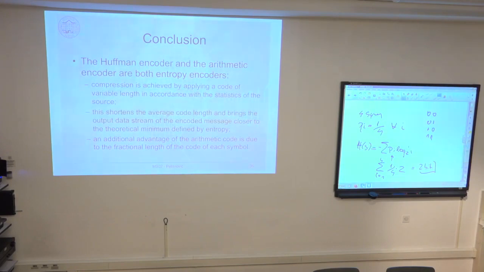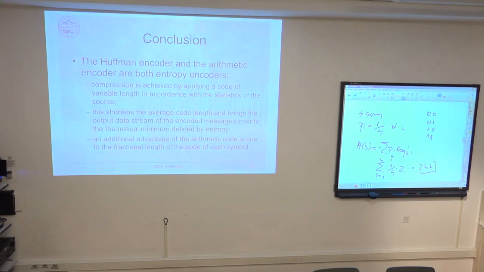Okay, and with arithmetic coding, if I code the whole message with a number, then I have an interval from 0 to 1, subdivided into 5 regions of equal probability, 0 to 0.2, 0.2 to 0.4, and so on. And I get a number based on the sequence that you send. This way you save bits, because you can get a fractional bit length per symbol. And that is not possible with a Huffman code.